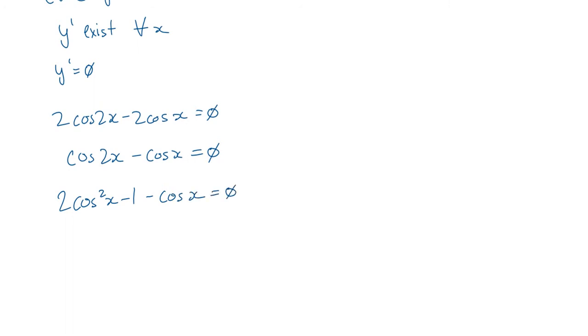So I'm going to rewrite this as 2 cos squared x minus cos x minus 1. And this is a lot like 2x squared minus x minus 1, which we will have to factor, and this is all equal to 0.